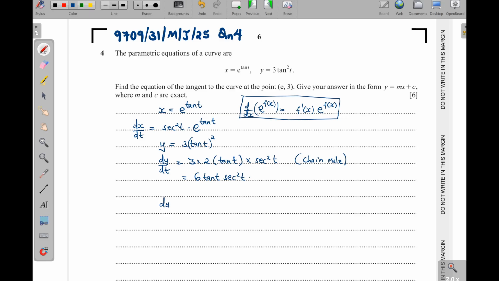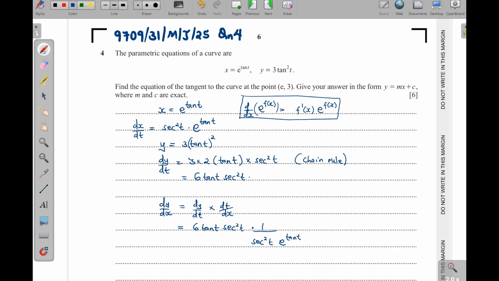For us to get dy/dx, this will be equal to dy/dt times dt/dx. And then dy/dt we have gotten as 6 tan t sec squared t, times dt/dx, which is 1 over dx/dt. So we shall put 1 over sec squared t times e to the power of tan t.